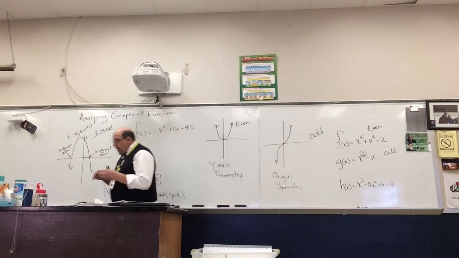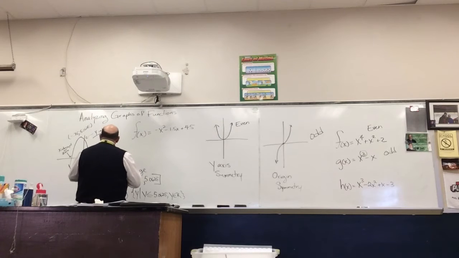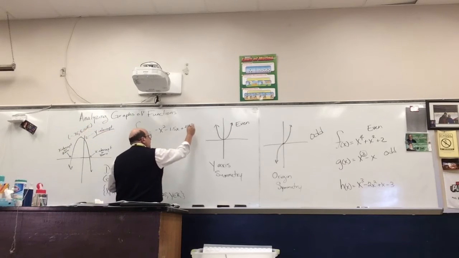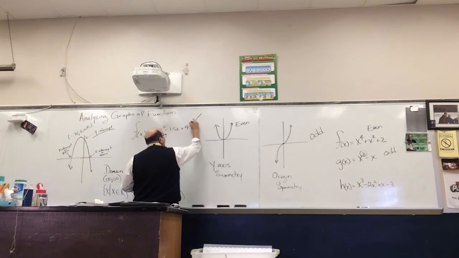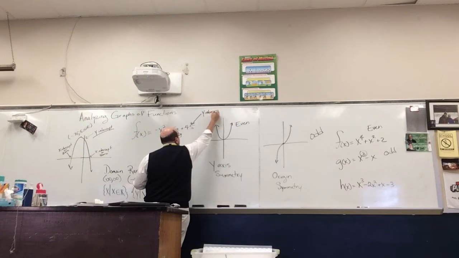And so it's pretty simple. If I want to know what the y-intercept is for this function, we could just simply say this constant here is the y-intercept. And I'm trying not to use up all the space here.